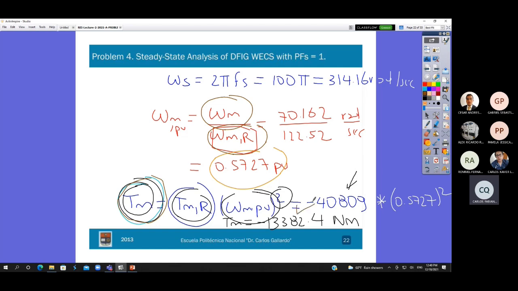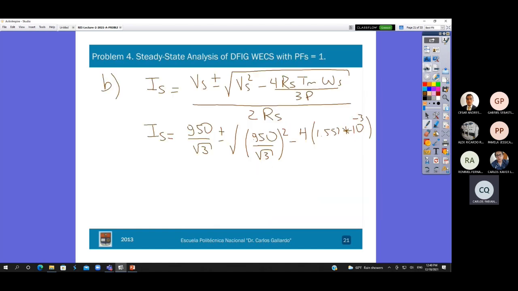Yeah, this is the value, right? Okay, so substituting this value, I will have negative 13,384.4 Newton meters, times the speed.